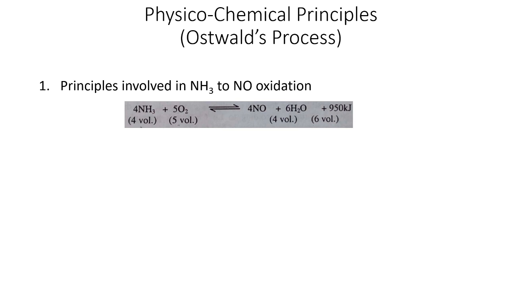Here a higher supply of oxygen is required, and as the reaction is exothermic, low temperature is favorable, since the reaction is exothermic. But at low temperature, again, rate of reaction is slow, so optimum temperature of about 750 degrees Celsius is kept when pressure is 6.8 atmosphere.